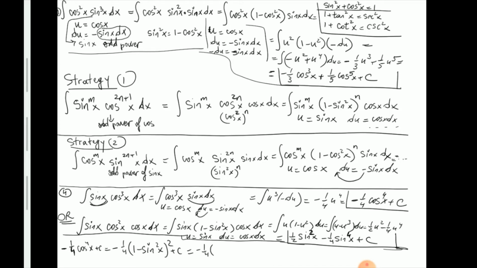So I expand the parentheses, so that's going to be 1 minus 2 sine squared plus sine fourth plus c. And if I distribute minus 1/4, then it's going to be plus 1/2 sine squared, and I hope you recognize it from the second answer, minus 1/4 sine fourth plus c.